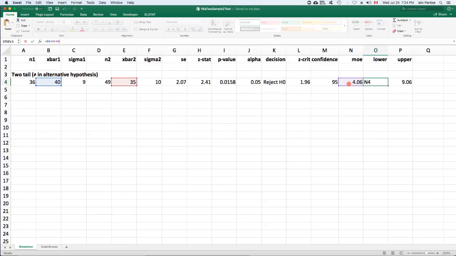So 5 minus 4.06 comes to 0.94, and 5 plus 4.06 is 9.06. So we're 95% confident that the difference in the population means is between 0.94 and 9.06.